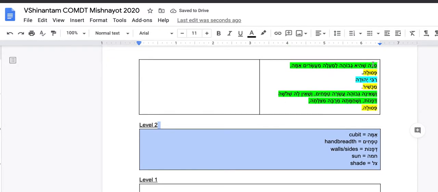So, sukkah, a sukkah, shehi gvoha, that is taller, lemala, above, mi-20, 20, ama. What is ama? Cubit. So a sukkah that is taller than 20 cubits, psula, not valid. A sukkah which is higher than 20 cubits is not valid.